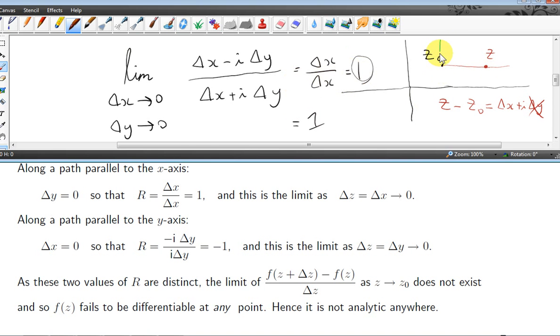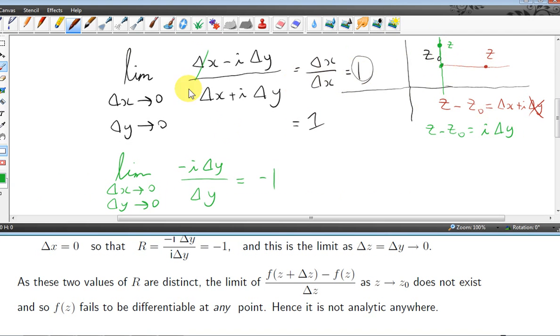But you see, we'll get a different answer if we use this path. So imagine z is on this path here, parallel to the y-axis. Then we can see that z minus z naught is going to be i delta y, because the difference in the real values of these 2 points is 0.